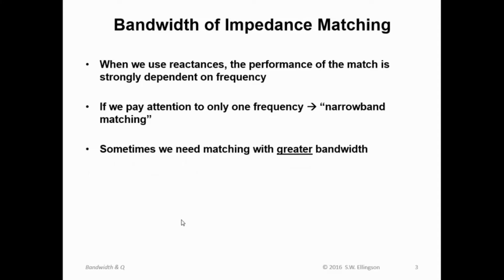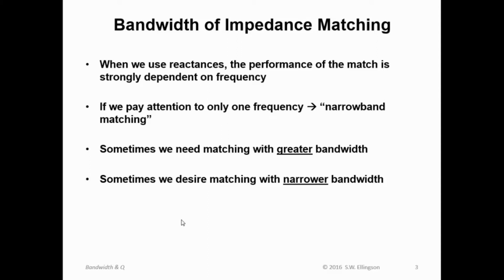Sometimes we need matching with greater bandwidth than what we get from these narrowband methods. And sometimes we desire matching which has narrower bandwidth. There are applications in both senses of this term. Now, this is different from filtering. Here we're trying to achieve an impedance match first and then obtain some bandwidth.